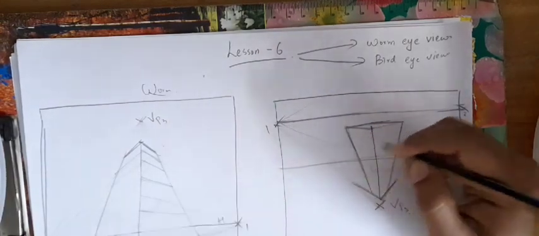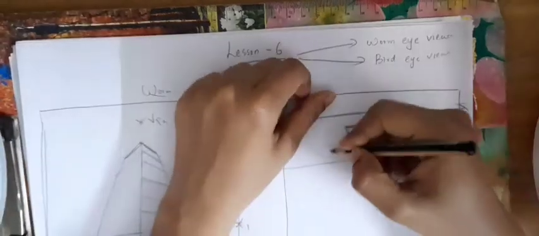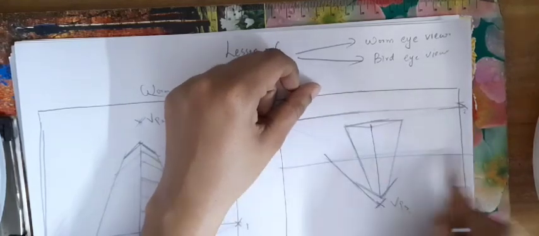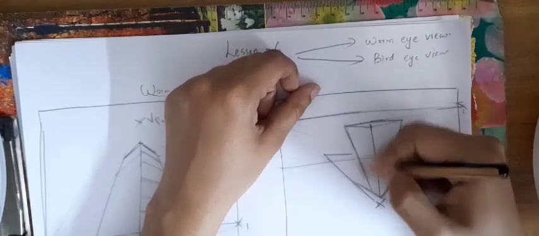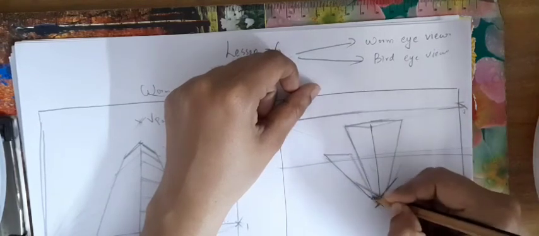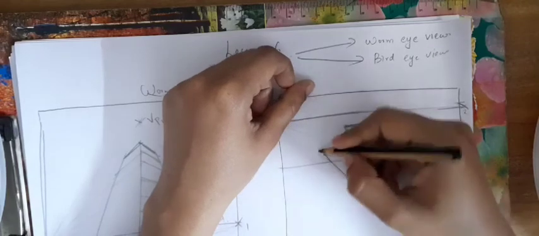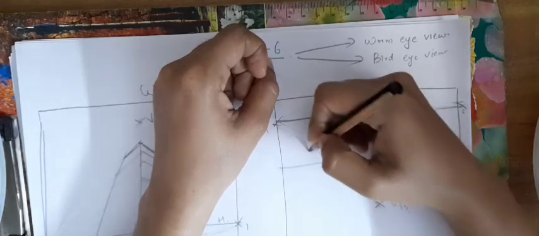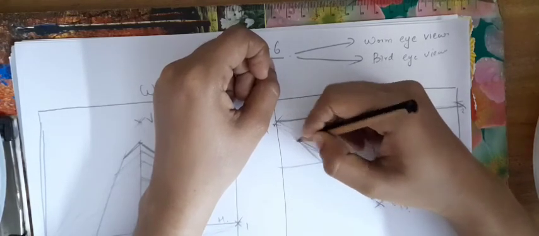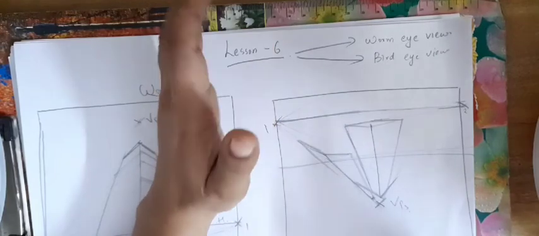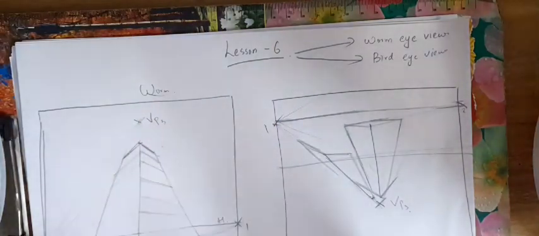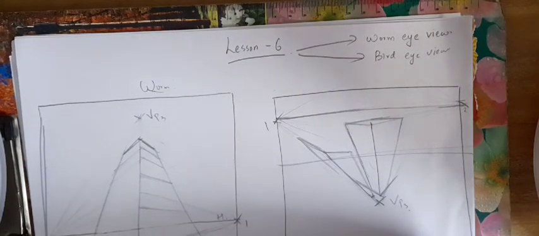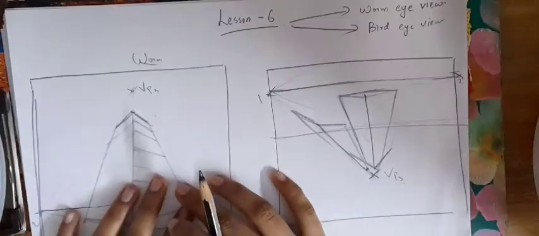You'll not be able to see the rooftop, but the whole thing will look like this. It's slightly distorted and it feels like this. So that is the worm eye view and bird eye view.